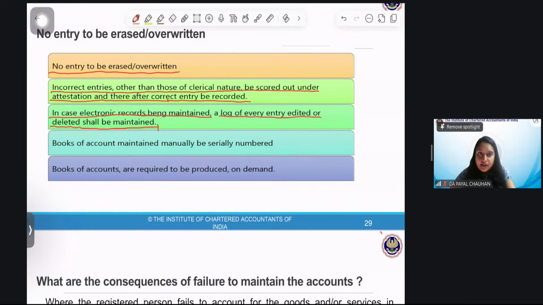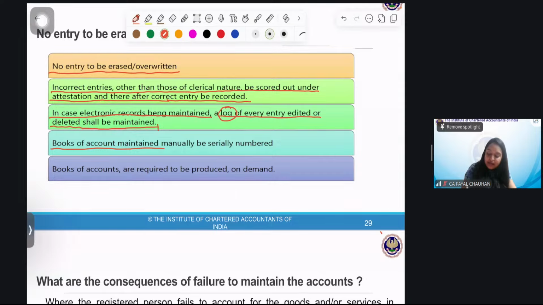In case electronic records are being maintained, a log. This is what I was explaining, a log. Usually when some kind of abnormal activity happens on our social account, we have a notification about the activity. In the same way, we must have, very good Ashlesha, an audit trail. We must have a log of every entry edited or deleted.